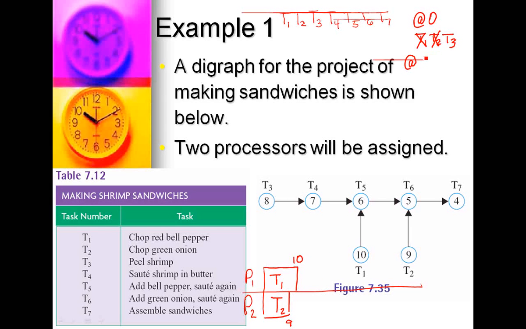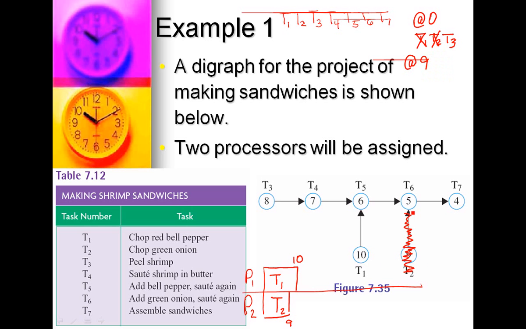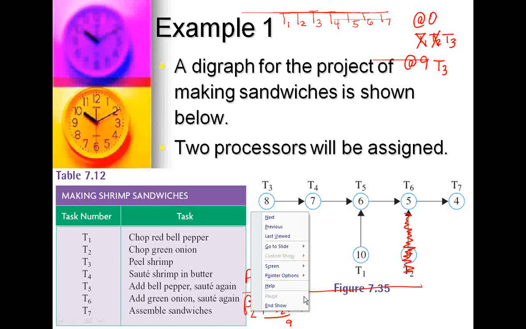So now we're going to look at that 9-minute time slot where T2 has been completed. And that doesn't give us any more new ready tasks. So our only ready task is T3, so that's going to be scheduled in that 9-minute time slot.